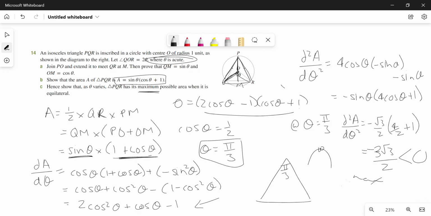So that must be pi on 3, but remember these were isosceles triangles, base angles are equal, so they must also be pi on 3. So the maximum area occurs when theta equals pi on 3, and then the other two vertices are also angles of pi on 3. Hence, it's an equilateral triangle that gives us the maximum possible area.